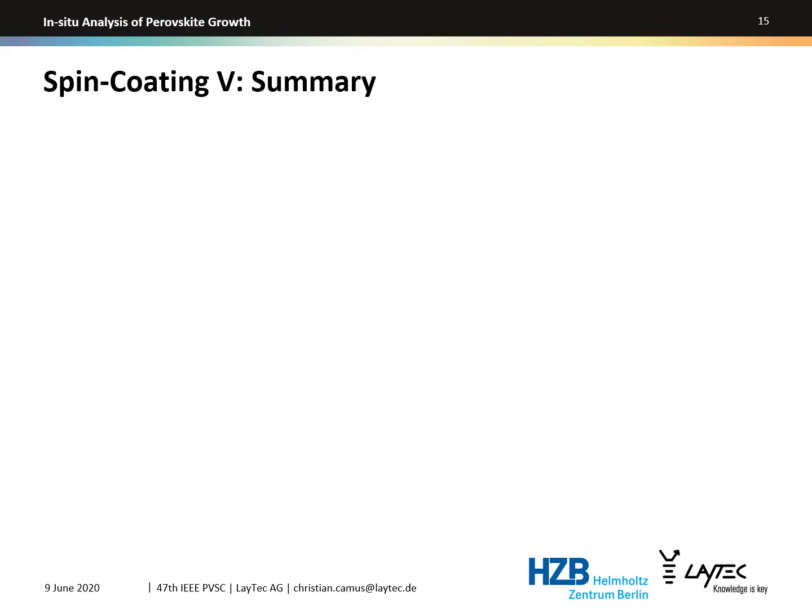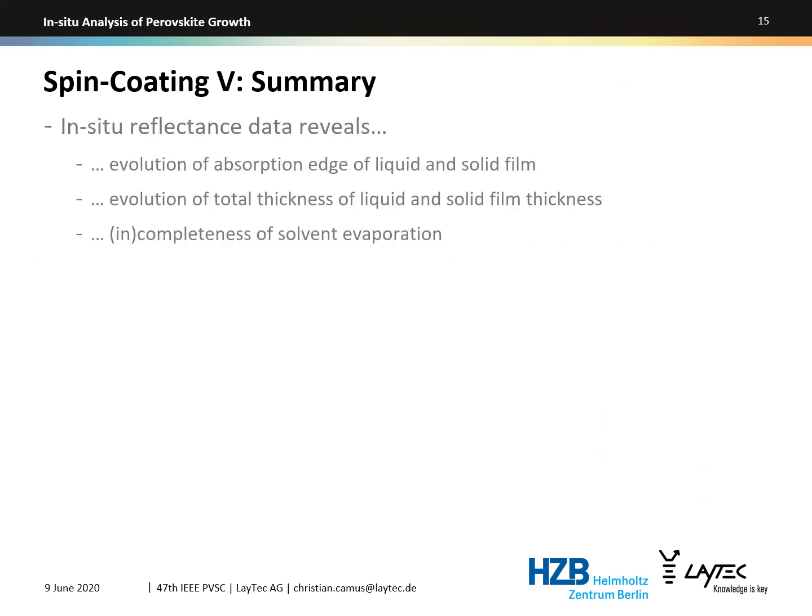So if we now summarize the results for spin coating, we can say that in-situ reflective data reveals the evolution of the absorption edge or the bandgap of the liquid and solid film, as well as the evolution and the final thickness of the liquid and solid film, or the incompleteness of solvent evaporation.